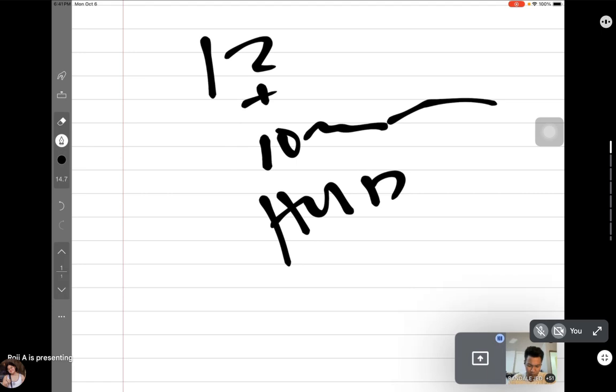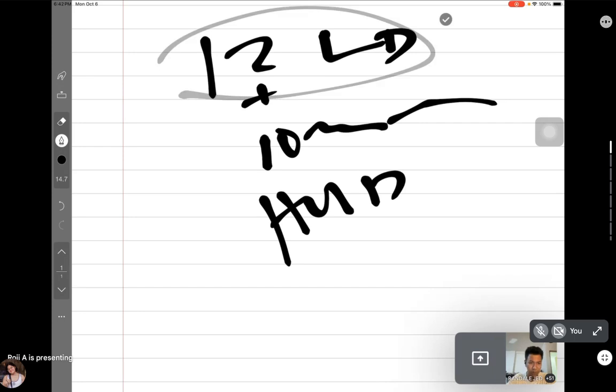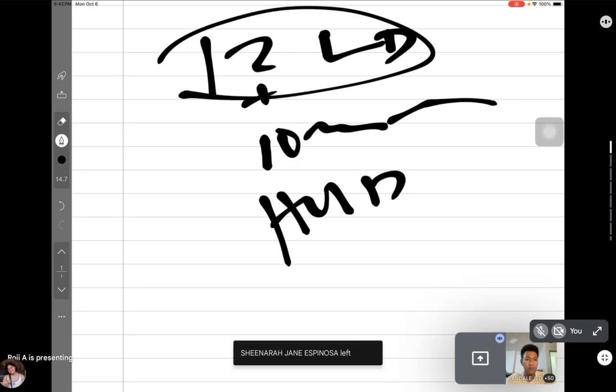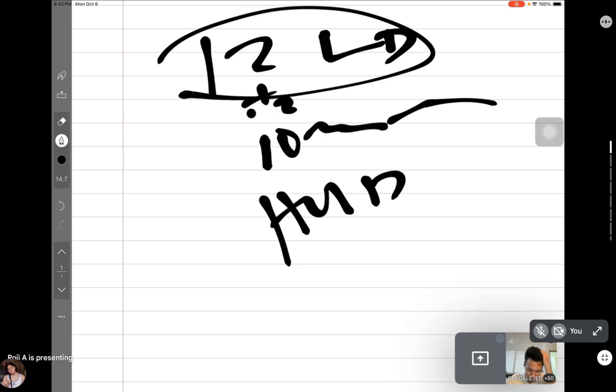So 12 will be your lens diameter of choice. Okay, clear so far? But this is a range from 2 to 2.5. So I have 12.2, 12.5.